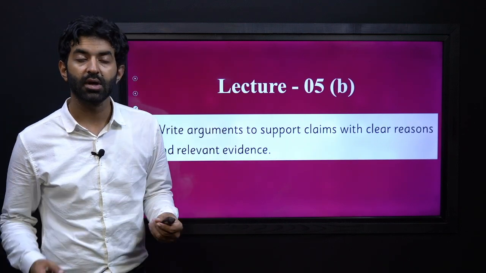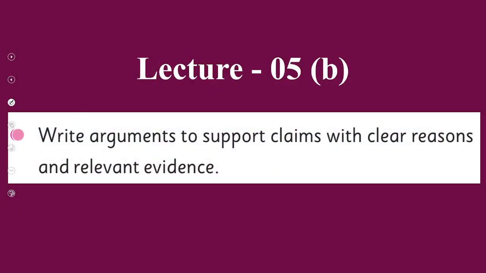Next lecture is about writing, where we will write arguments to support claims with clear reasons and relevant evidence. We are talking about a type of writing which is called argumentative writing, or texts that are called argumentative texts.